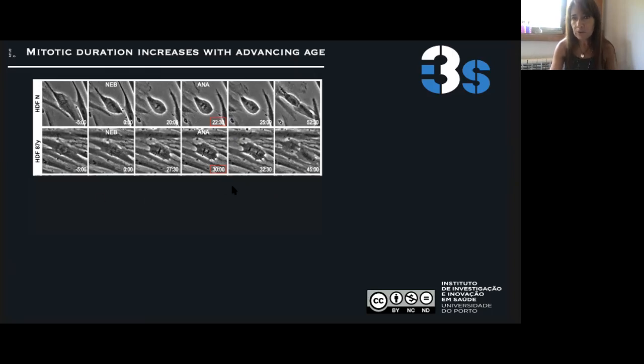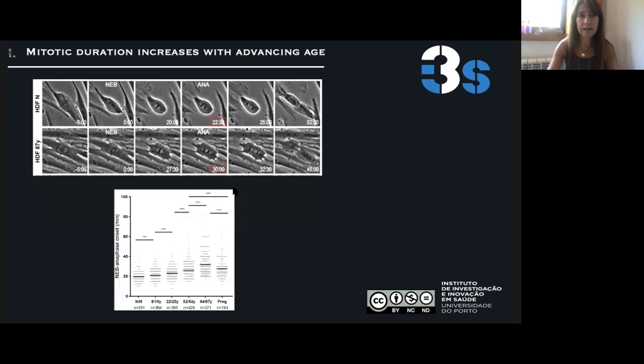This also increased steadily with advancing age, and you can see the quantification here. So there is a gradual increase of mitotic duration from nuclear envelope breakdown to anaphase onset with advancing age.